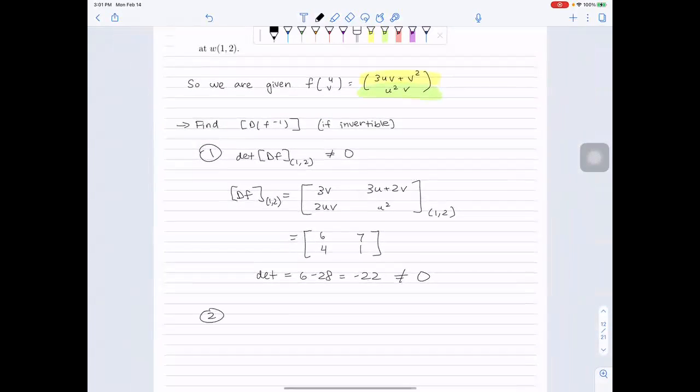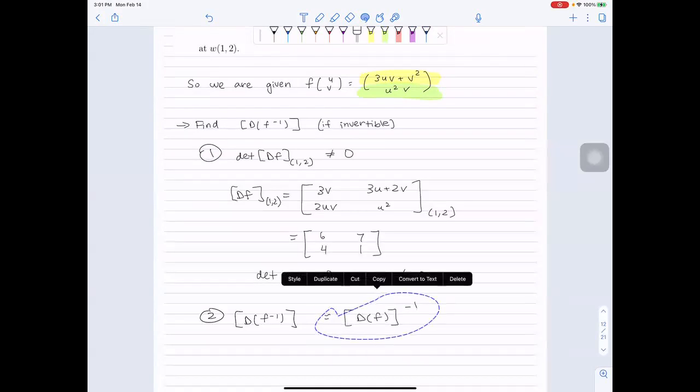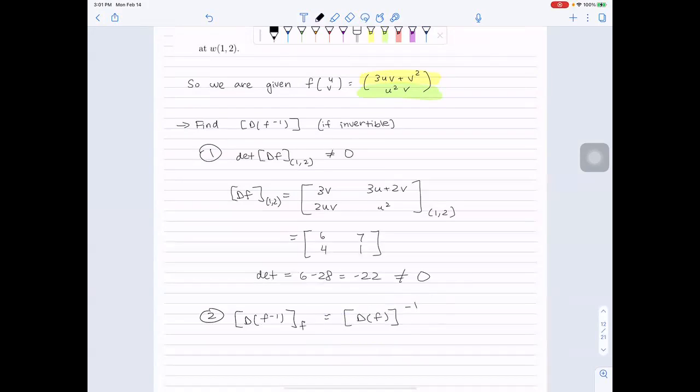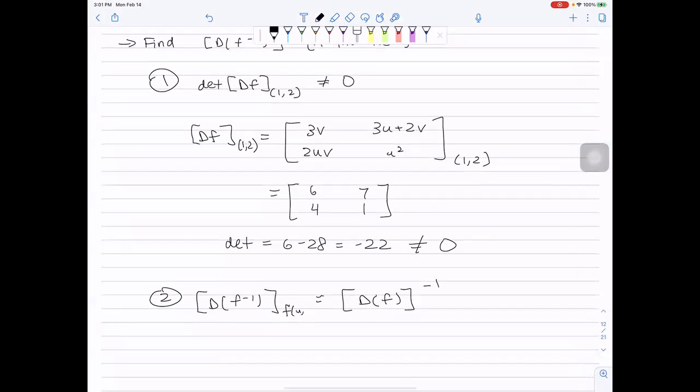Okay, step 2. Now that we know it's invertible, we can use our inverse function theorem to find the derivative of the inverse more easily. So what is the derivative of the inverse? According to our formula, it's our derivative, then you take the inverse. Special note to these input values here.